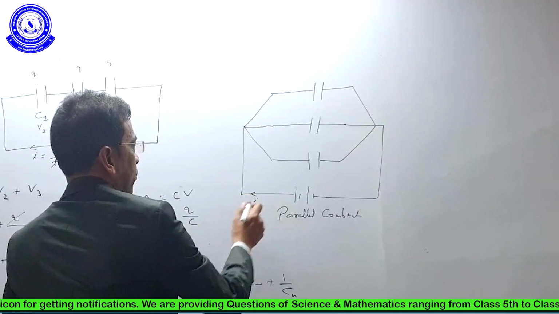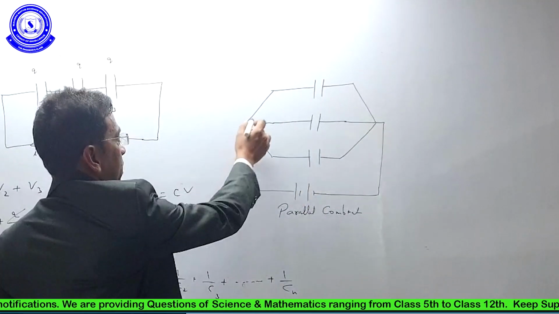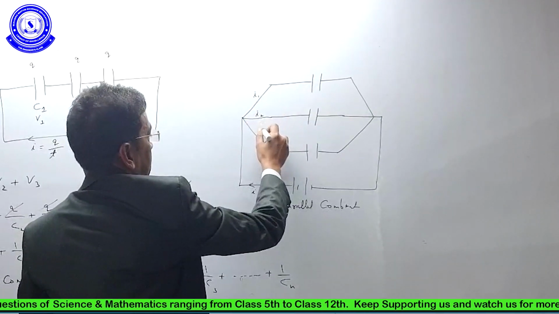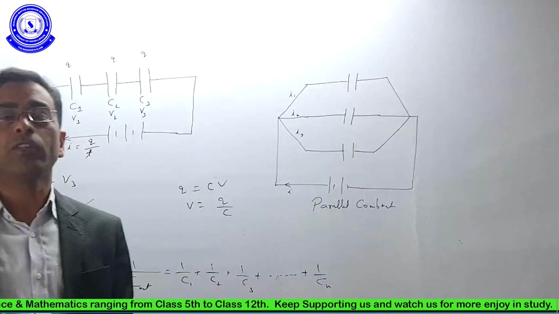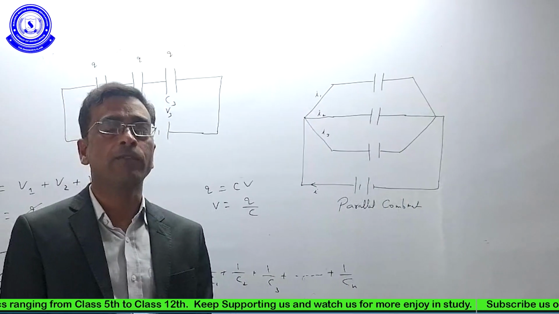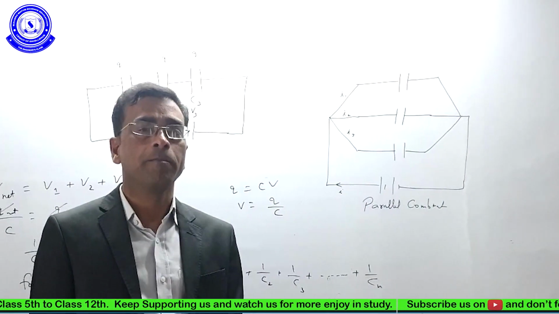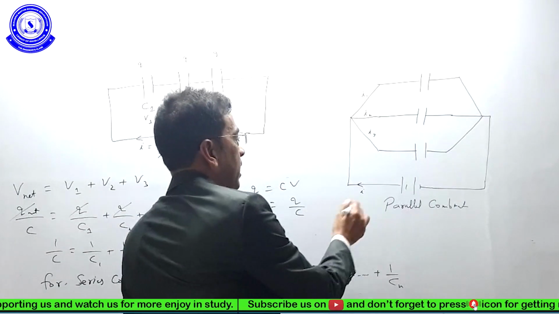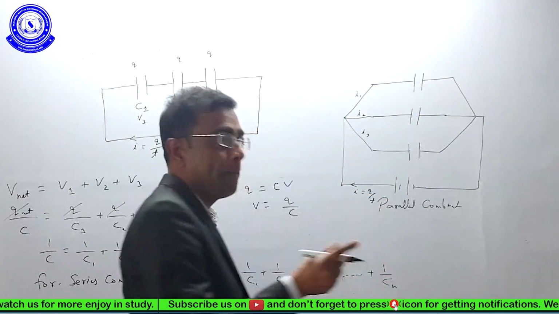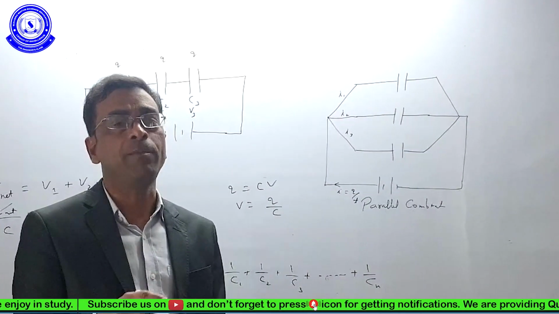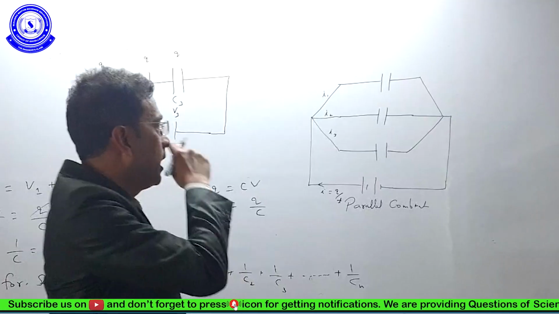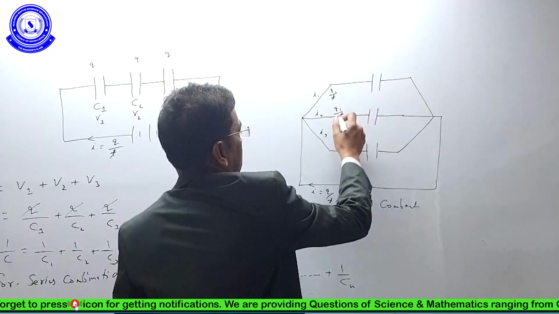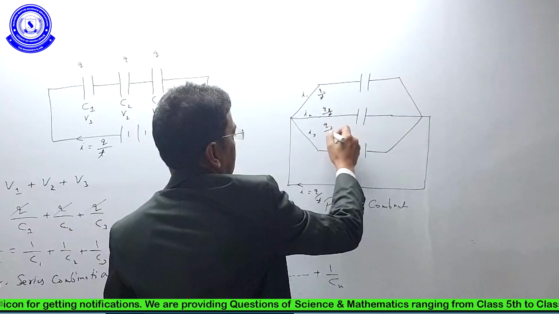If current I is flowing through the closed circuit, it will be divided into three branches, I1, I2 and I3. You know that current is divided in parallel combination, and if I equals Q divided by T, for per unit time, if T is equal to 1 second, then it will also be Q1 by T, Q2 by T and Q3 by T.